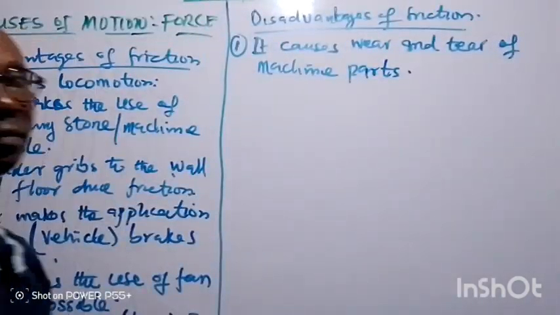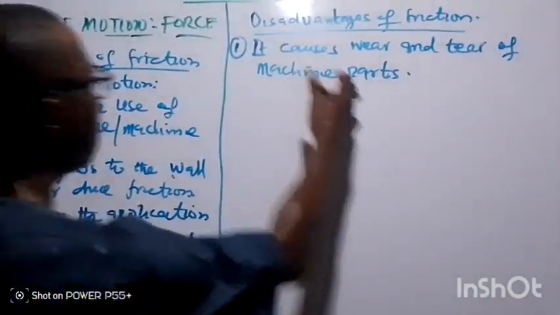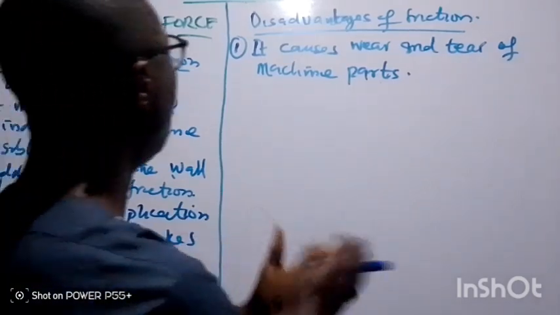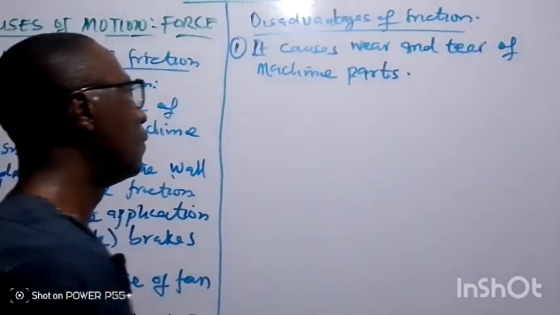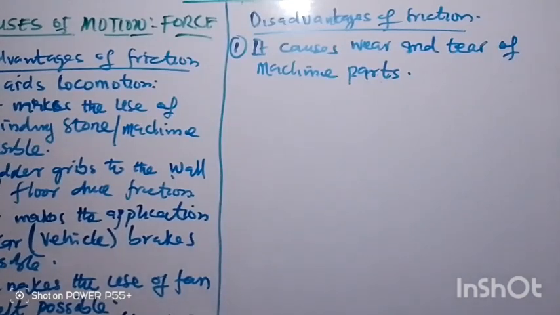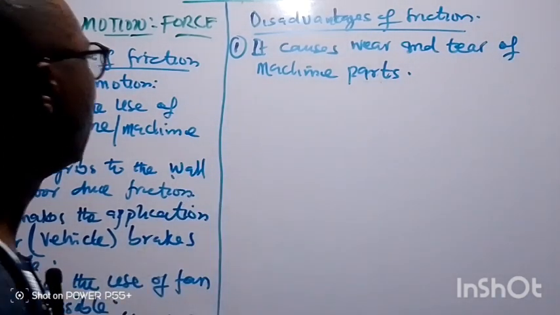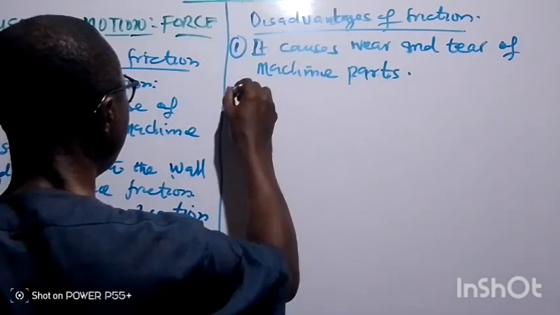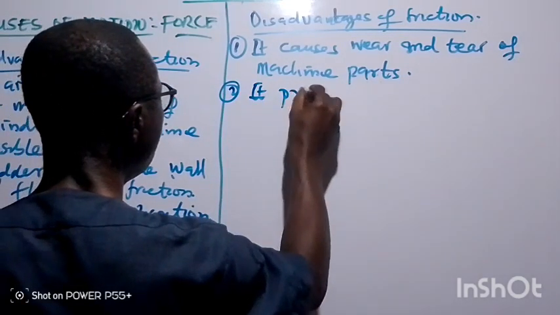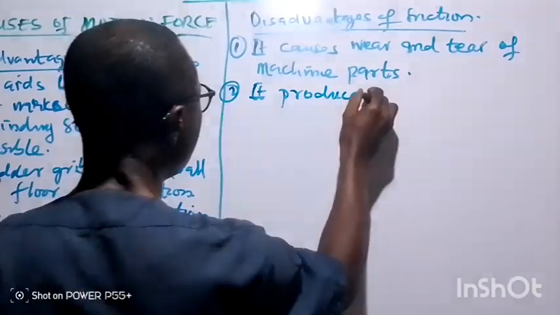That is, when you say it causes wear and tear of machine parts, when two parts of a machine rub or roll over each other for some time, what we are going to notice is that the part will be wearing away. That is number one. Number two, it produces undue heat.